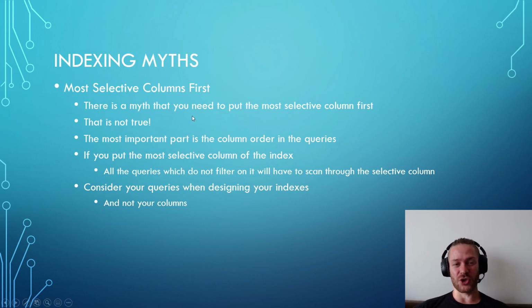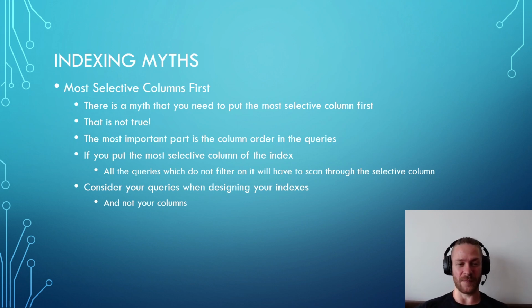This is a myth which exists among developers. So again, design your indexes by your queries and the order of the columns there, and not by which column is more selective.